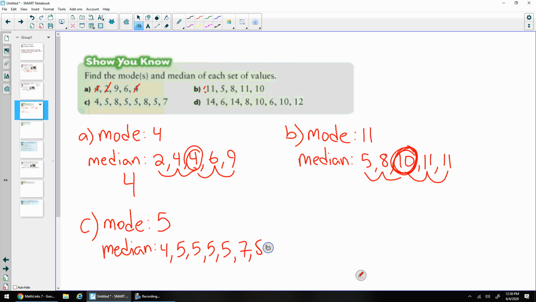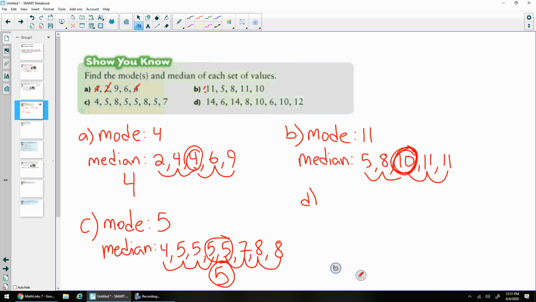And then I have 2 8s. Okay, and so the median, let's look here. There's 2 numbers that are in the middle, 5 and 5, but the number that would be in between those essentially is 5. So the answer would just be 5, we could say. We don't need to say 5 and 5.